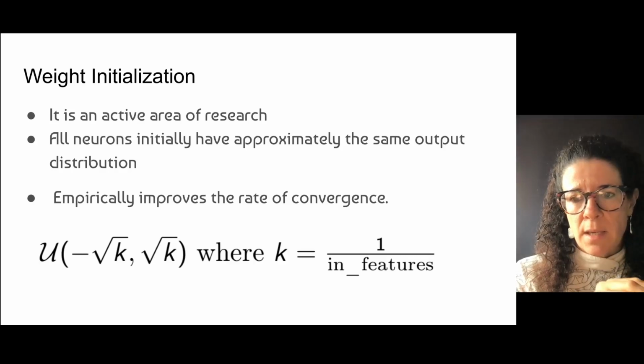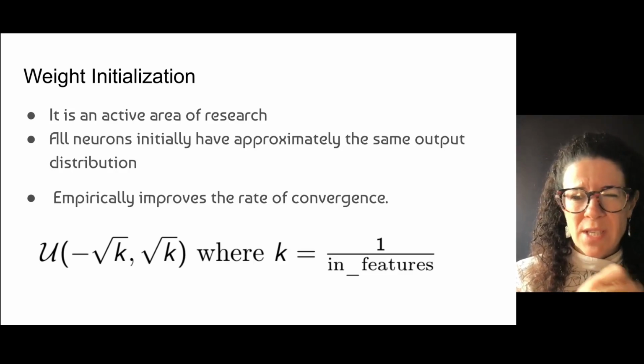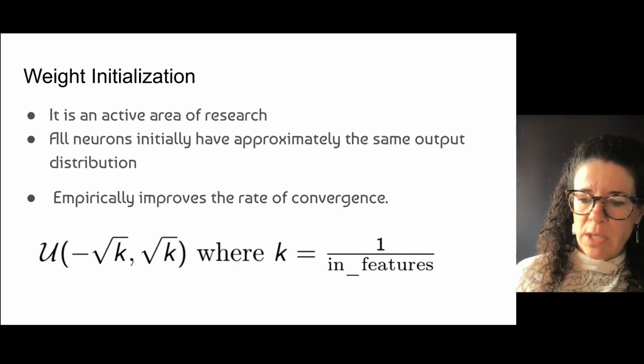And these and many other initialization techniques improve the rate of convergence of the network. So basically, just any uniform or any random number is just kind of not going to work. So we want to be careful about how we initialize.